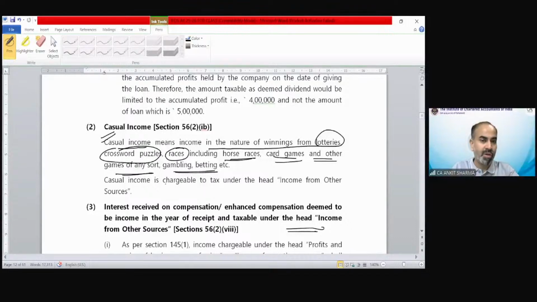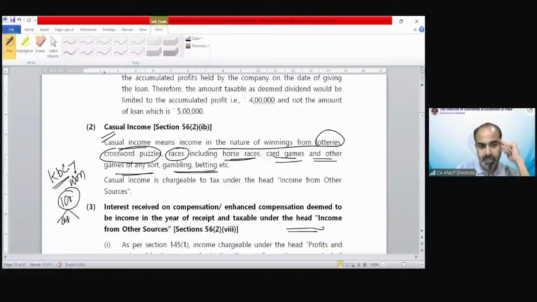Okay, tell me, if somebody goes to KBC, Kaun Banega Crorepati, and wins 1 crore rupees, whether it would be casual income or not. Suppose you, all you students, went to a Kaun Banega Crorepati show and won 1 crore rupees from it.